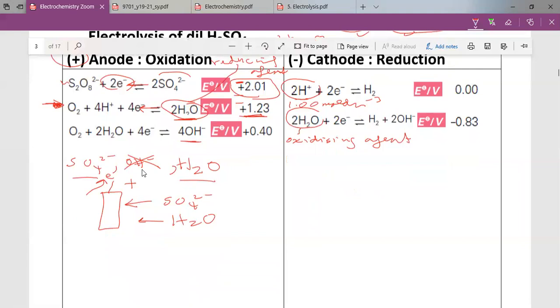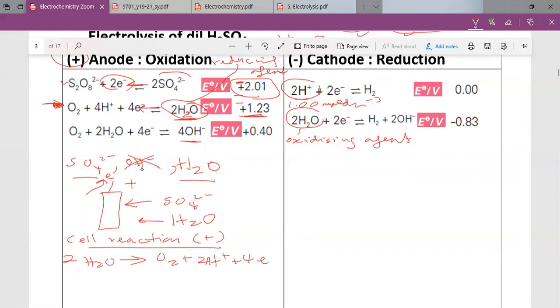That means what is actually happening here is, of course, so I write down here the cell reaction or electrolysis reaction. That's in your positive pole. So what is happening? Your sulfate is not given out, but your water is, so actually it's 2H2O becoming O2 plus 4H+ plus 4 electrons.